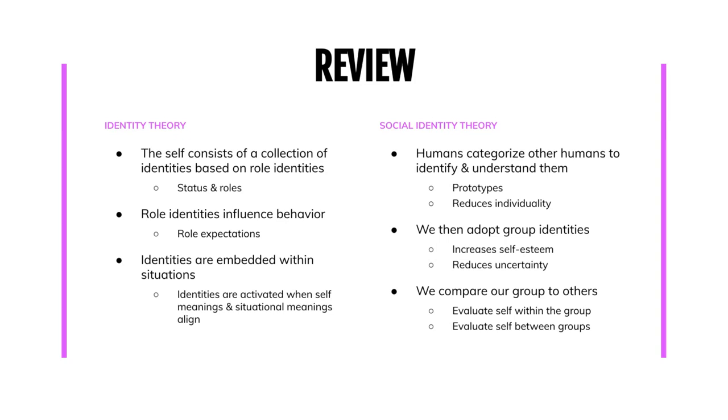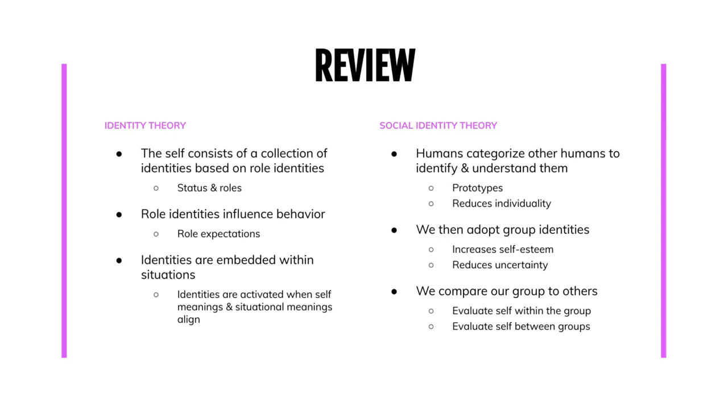It essentially concerns how the self consists of a collection of identities based on role identities. And so within sociology, there's this focus on statuses that break into roles. So, like your status as a daughter might break into various different roles, like the role of a daughter to one parent and a role of the daughter to another, and then whatever sorts of roles and expectations are associated with that.